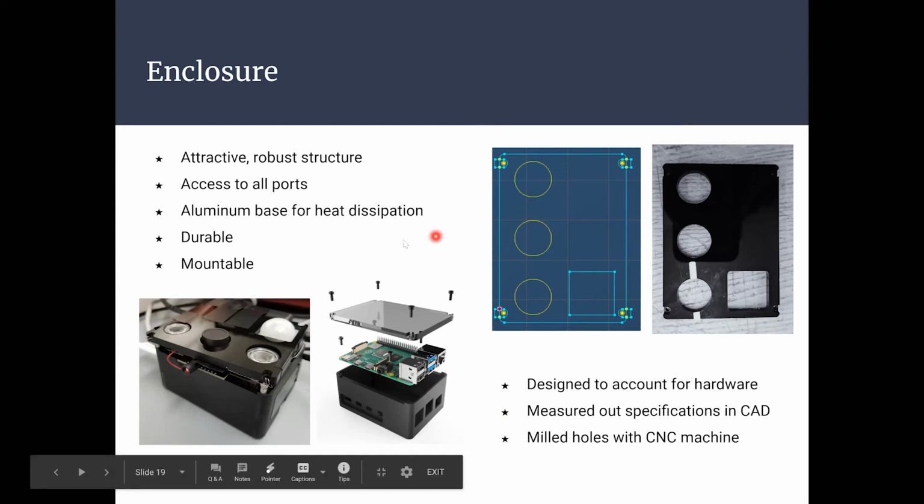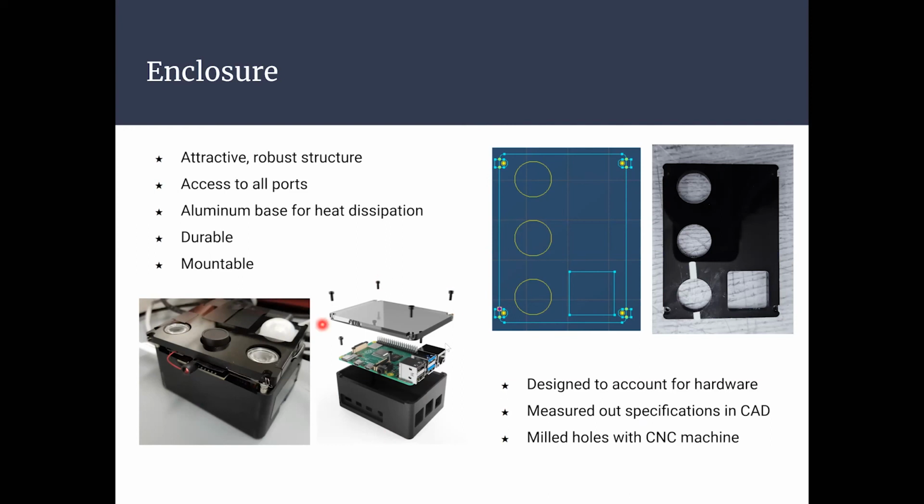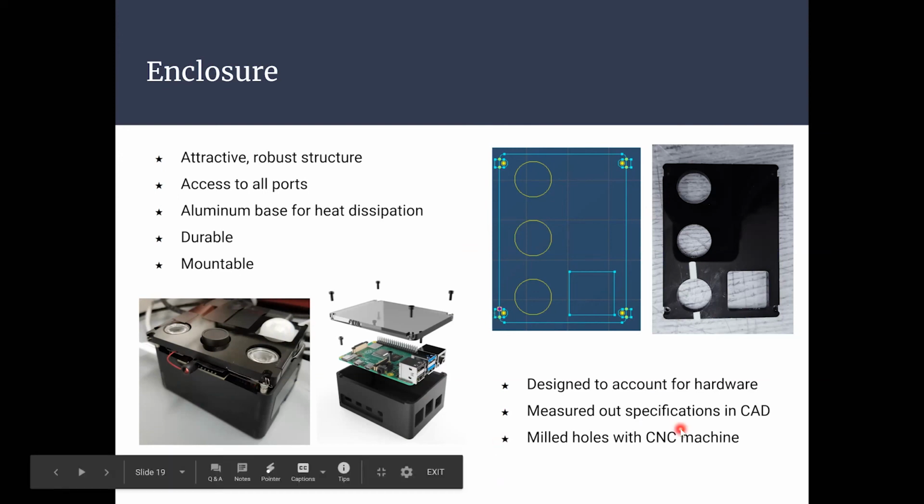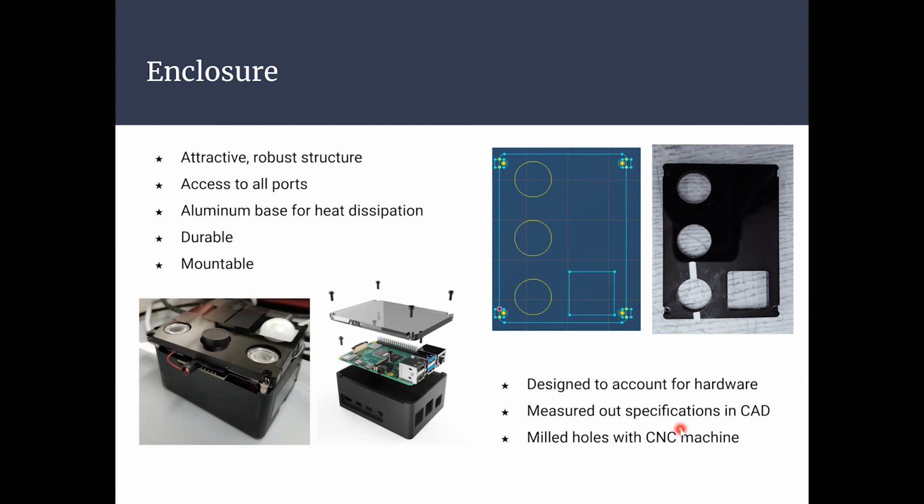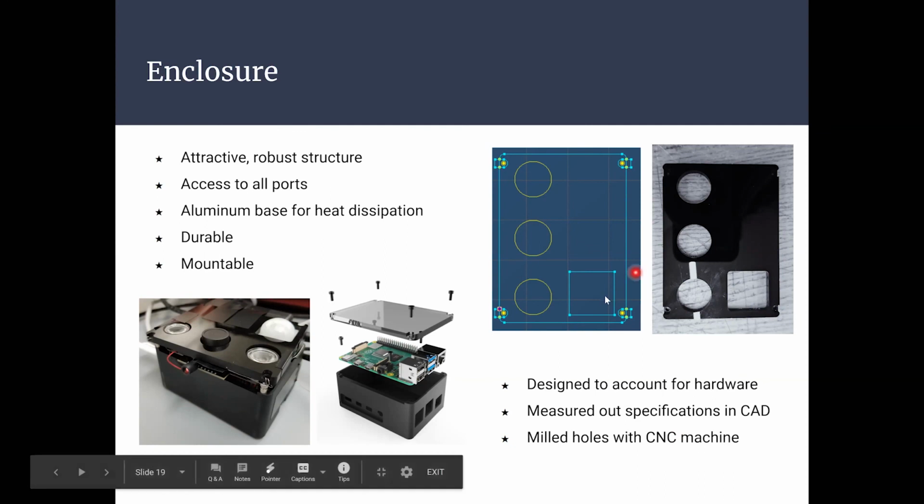So we bought an extra large case here that provides all of the ports we need access to, but then the top is screwed on, which is great for modifying it ourselves. So we used an acrylic top and designed this to account for the hardware, like the PIR sensor here and the camera. So it's great for heat dissipation and for mounting.